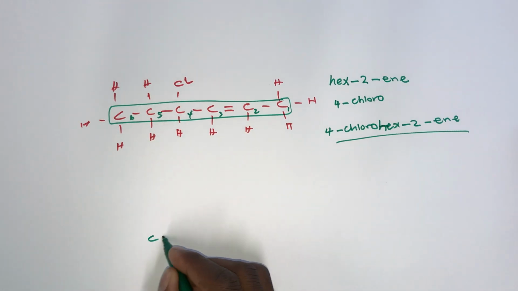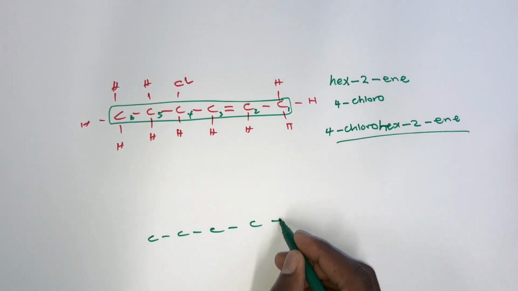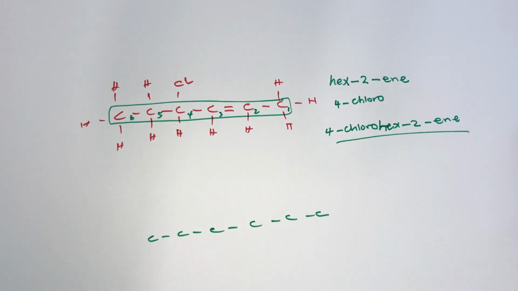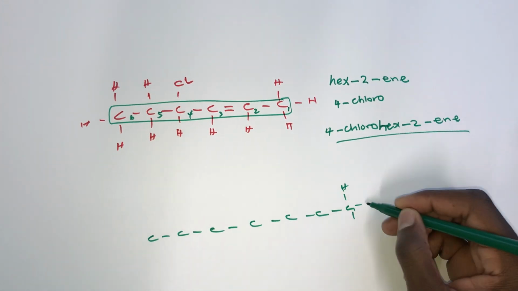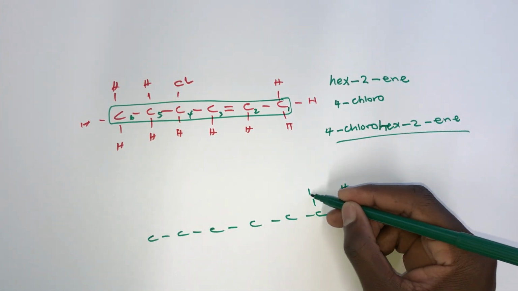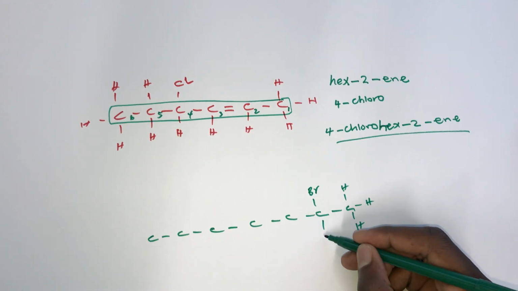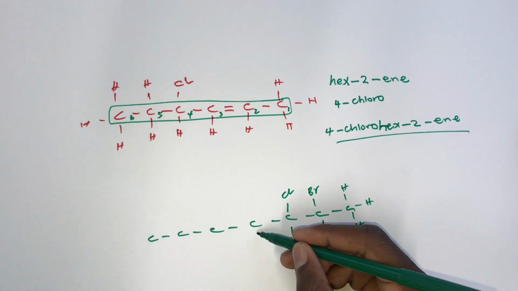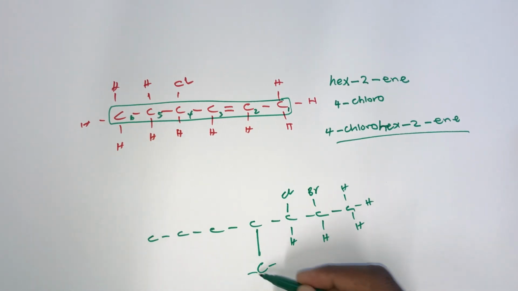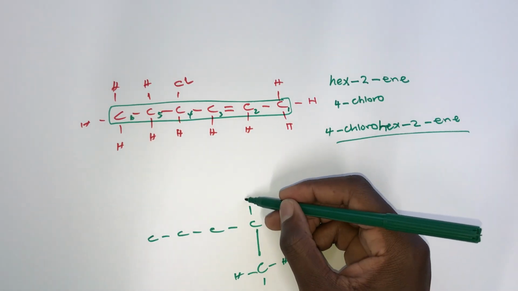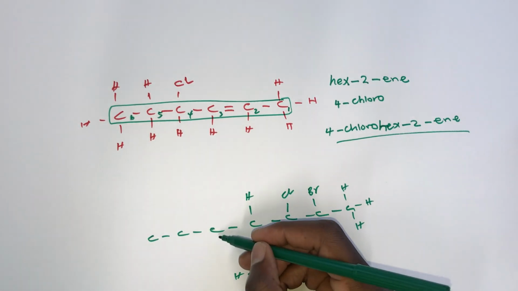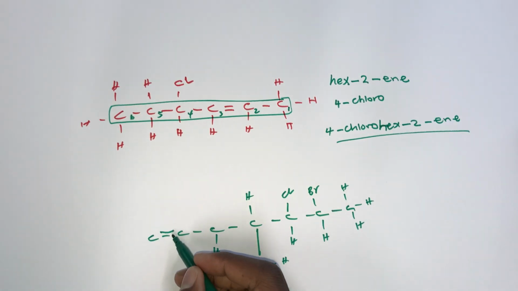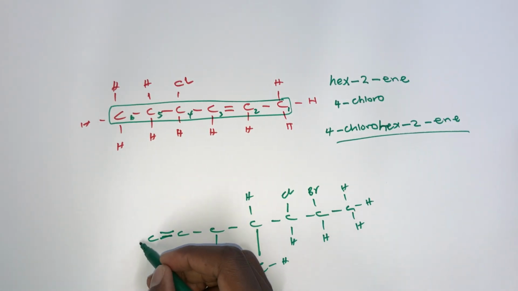So now this one, okay, let's say now we have Br, and then here we have Cl, and then here we have a branch, and then just like that we're going to have a double bond here.